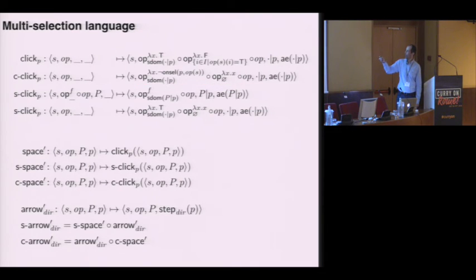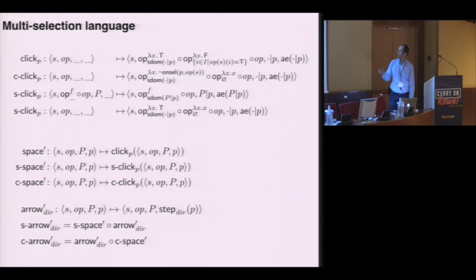Shift click, the only thing that changes in shift click is the current selection domain. And how do we get a new selection domain? We push a new element to the selection path, compute a new selection domain, and use that as the current selection domain. And the selection function stays the same.